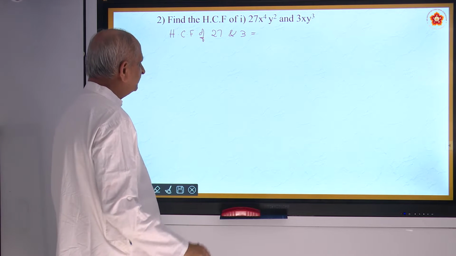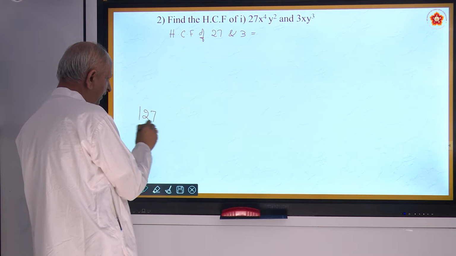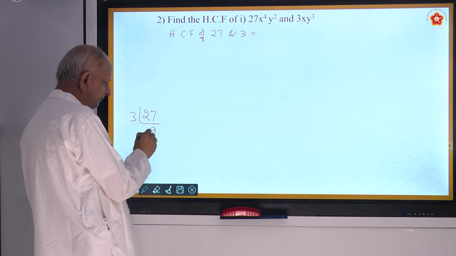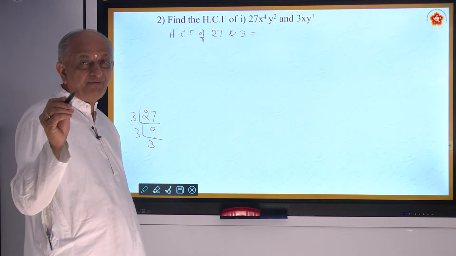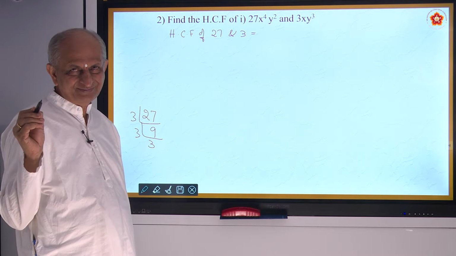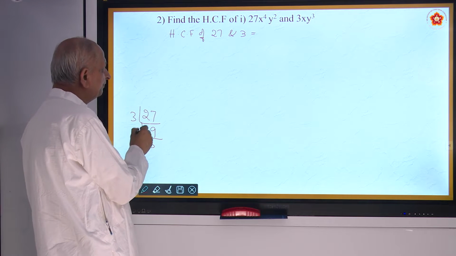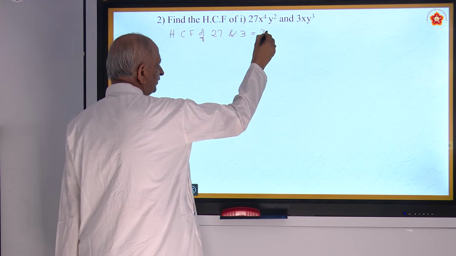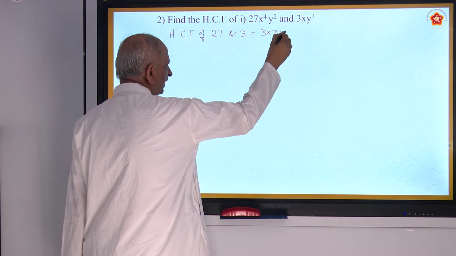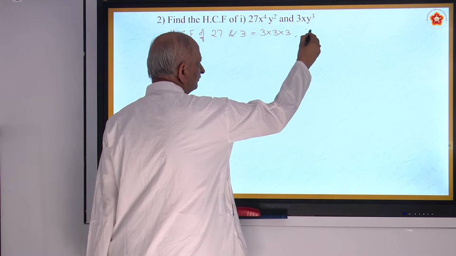And what are the factors of 27? 27 can be got by dividing by 3. Always you must divide by prime factors, do not forget. So, that will be 3 cubed. So, this 27 is nothing but 3 into 3 into 3. They are the factors of 27 and 3.